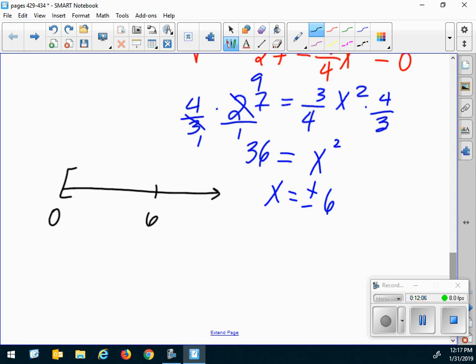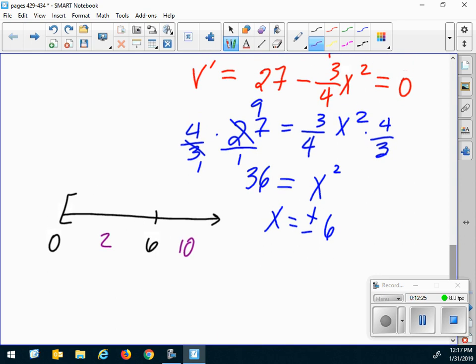Why did I cut my number line off at 0? I cannot have a negative length, so I'm going to cut it there. I'm going to check 2 and I'm going to check 10. I could have checked 1 and 11. It doesn't matter.